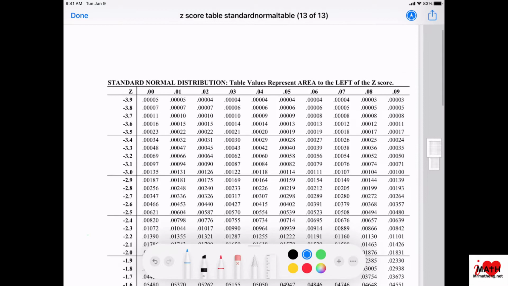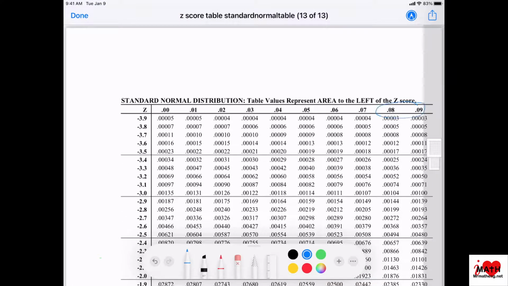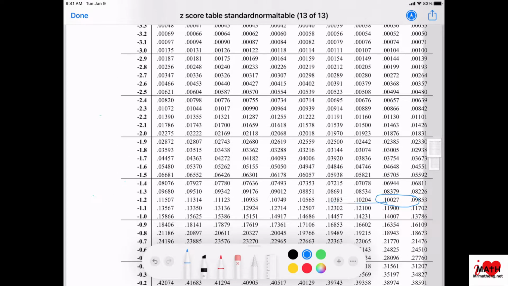If you go up here, that means it's between these two. So you can do something like 0.085. And then if you add that to this number, you have negative 1.2. And then you add 0.085, you're going to have negative 1.285 as our z-score. Okay?